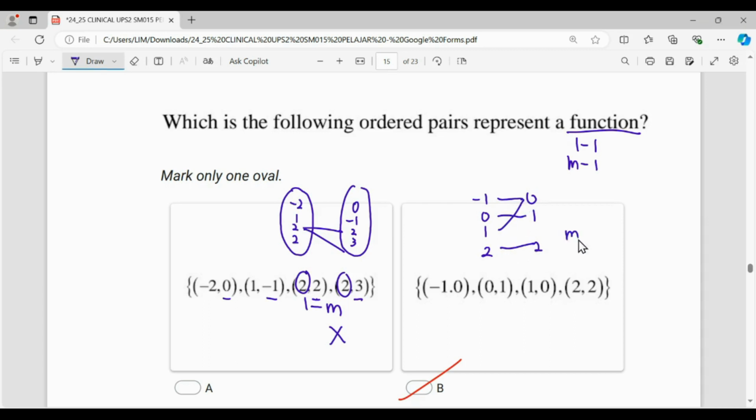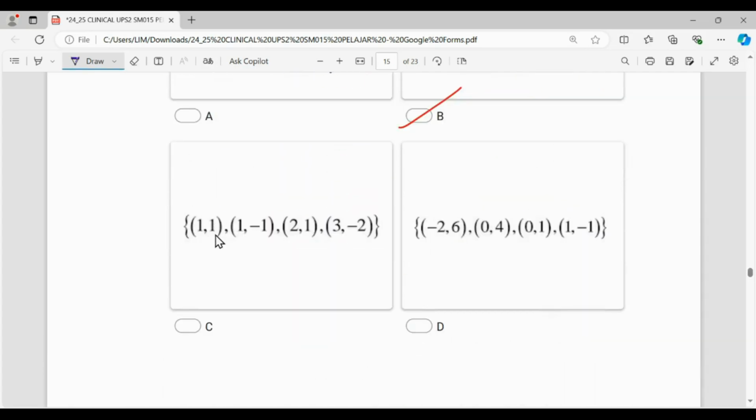So this is many to 1. This is a function. And we look at here, 1 to 1, 1 to -1, and then 2 to 1. So we have many to many. So this is not. Then -2 to 6, 0 to 4, 0 to 1. So this is 1 to many. This is not a function.